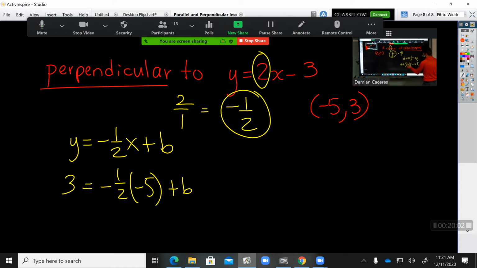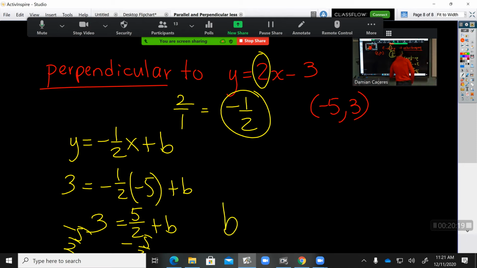Negative 1/2 times negative 5 is positive 5 over 2. And now we just subtract 5 over 2 from both sides. This gives me b equals 1/2. That can be done in the calculator. I do it in my head because I know it.